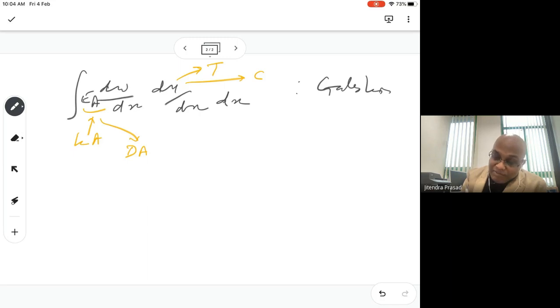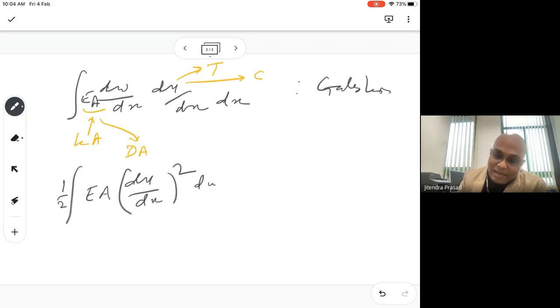In the case of the Ritz method, we have some sort of this half EA, and since you have stress times strain, this will be du over dx squared dx type form.